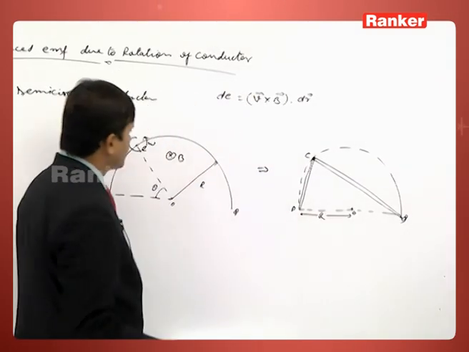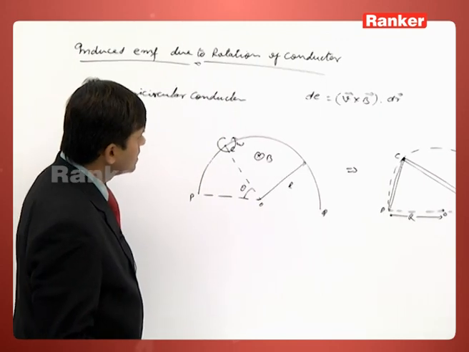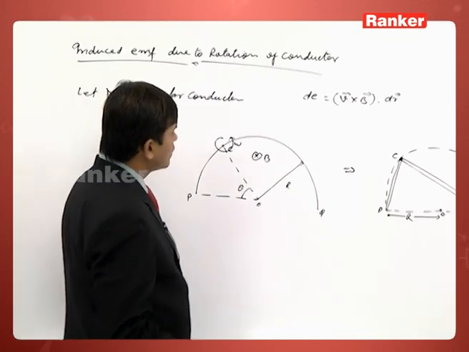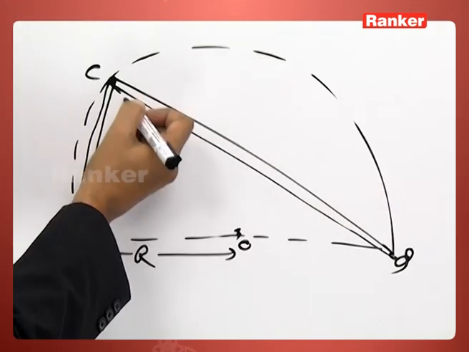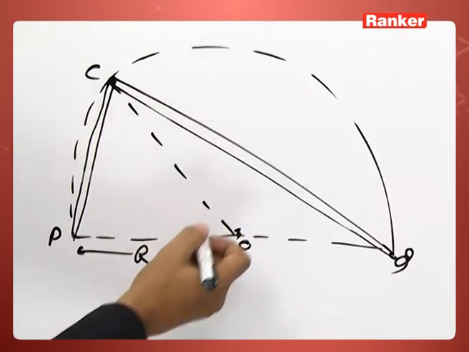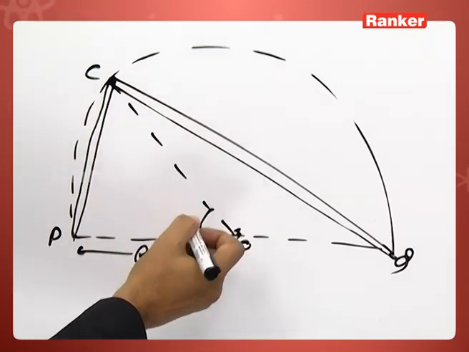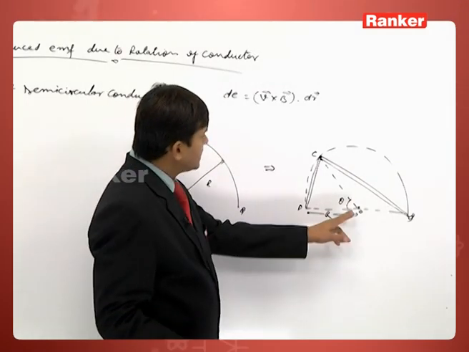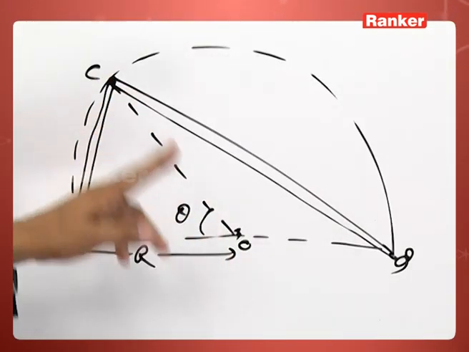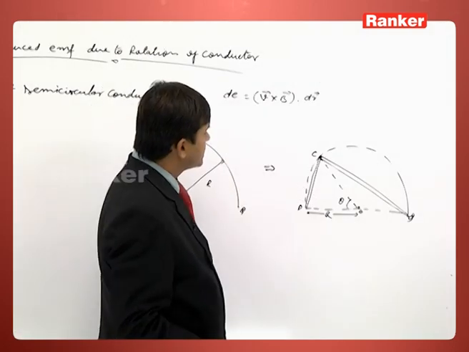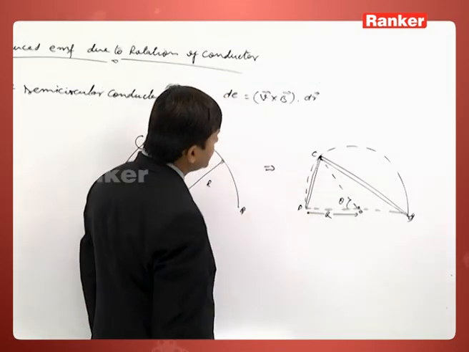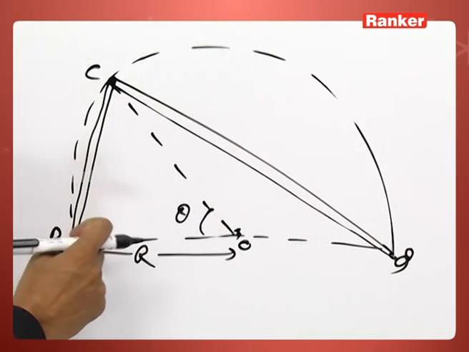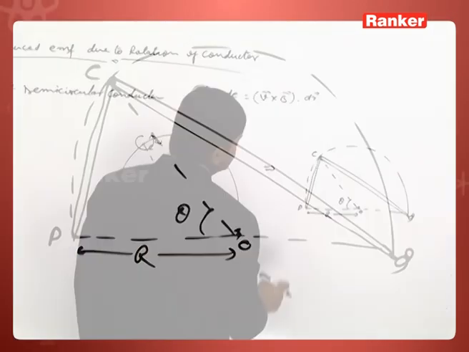So first of all, how to get this value? This angle is given here as theta. See, in this triangle, OC and OQ form an isosceles triangle, as well as this makes an angle here of 90.